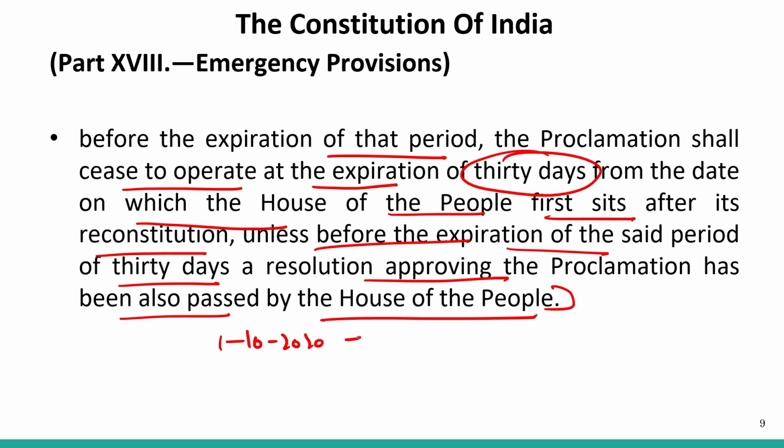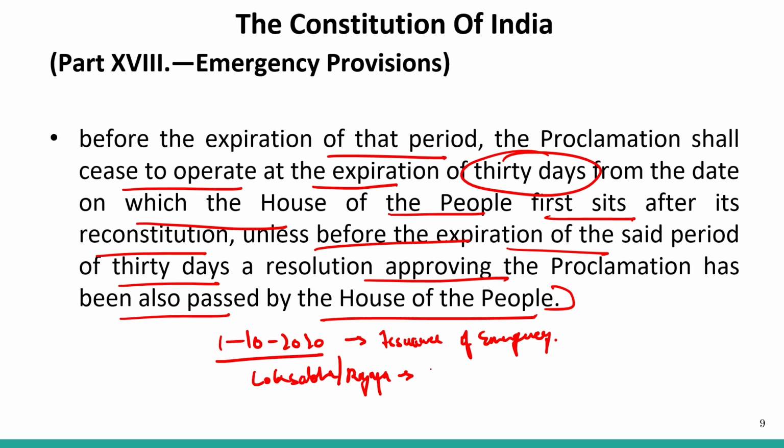Say on 1/10/2020, issuance of emergency took place. How does the emergency take place? It is through the president himself. The president is going to apply the emergency on the aid and advice of the Council of Ministers. Once he has issued the emergency, it will be put forward in front of the Lok Sabha and the Rajya Sabha to have discussions on whether this particular emergency should be extended or not.